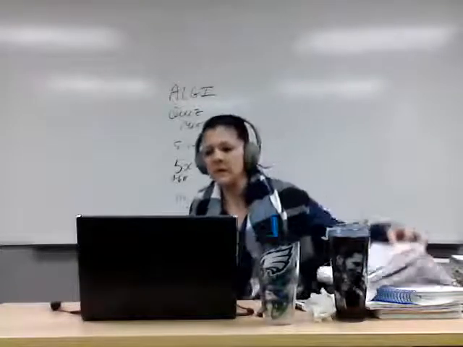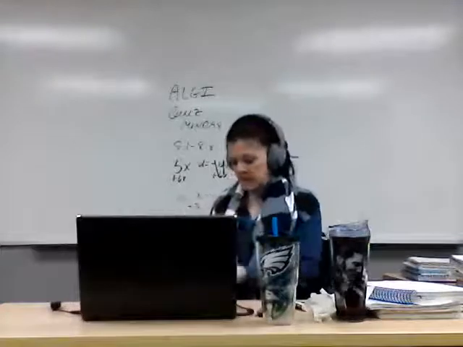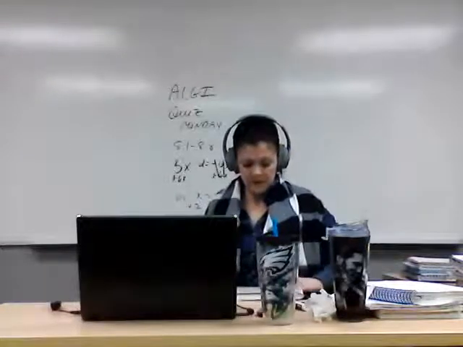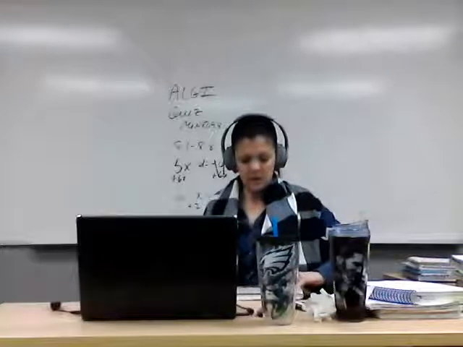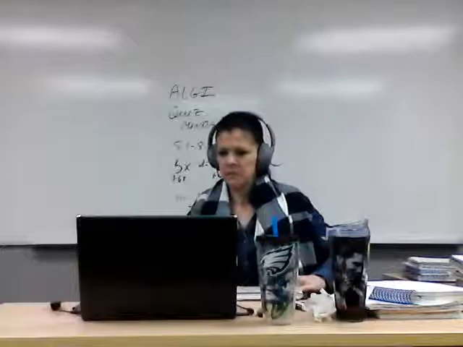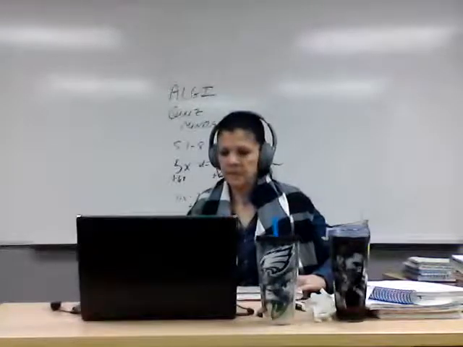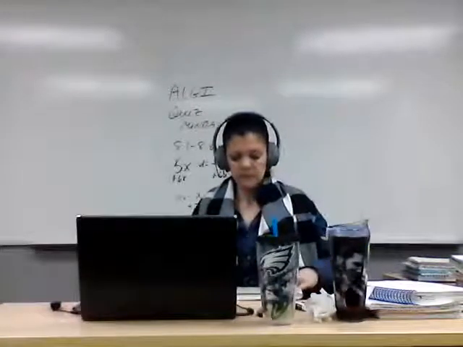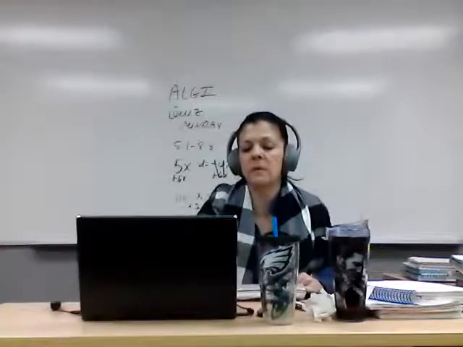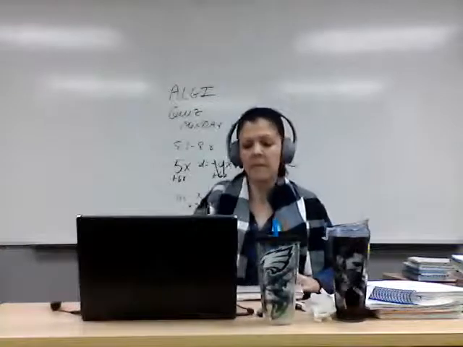All right, so let's try some of these exercises on the next page. So see how they start off simple? All right, so what would you get for number 1, Elizabeth? Square root of x equals 4. Square both sides, what do you get?